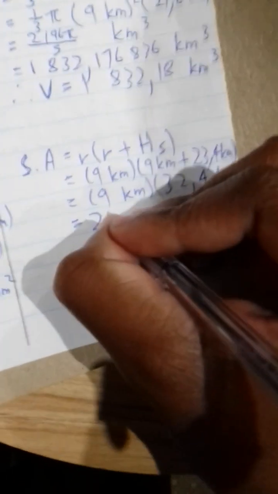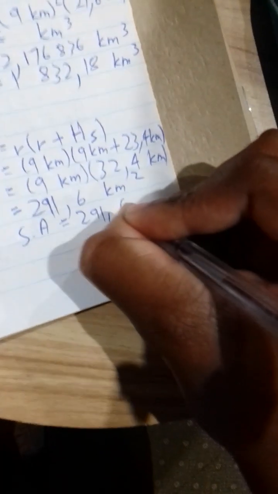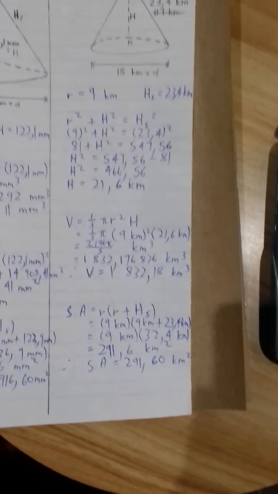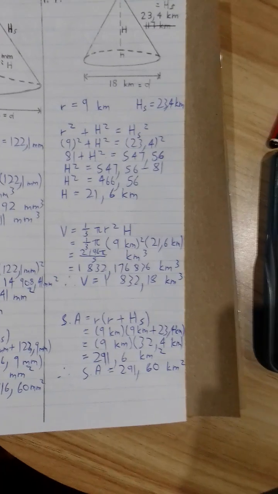So it's 291.6 kilometer squared. It's two decimal places. Surface area is 291.60 square kilometers. Okay, I hope that is clear enough. I hope that wasn't too challenging.